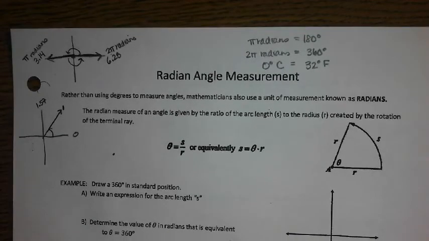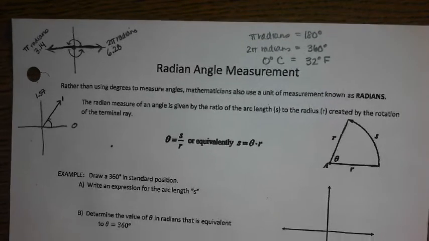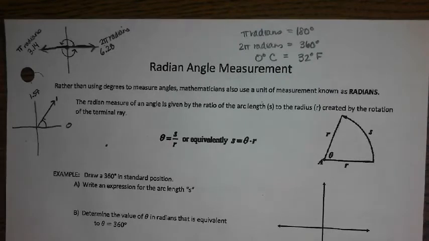Okay? So, by definition, 1 radian, and this is kind of a weird concept, and maybe I'll do, I wish I had a website that would do this, because I'm going to try to do this hard.